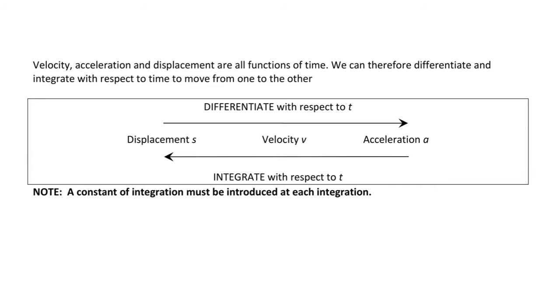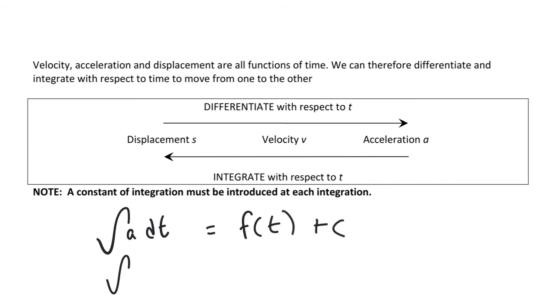If we were to integrate a with respect to t, we would get some function of t plus c, and if we were to integrate that function of time with respect to t, we would get some higher function of t plus a different constant d. We couldn't reuse c because we could get confused with the previous one, so it'll be a different constant of integration.